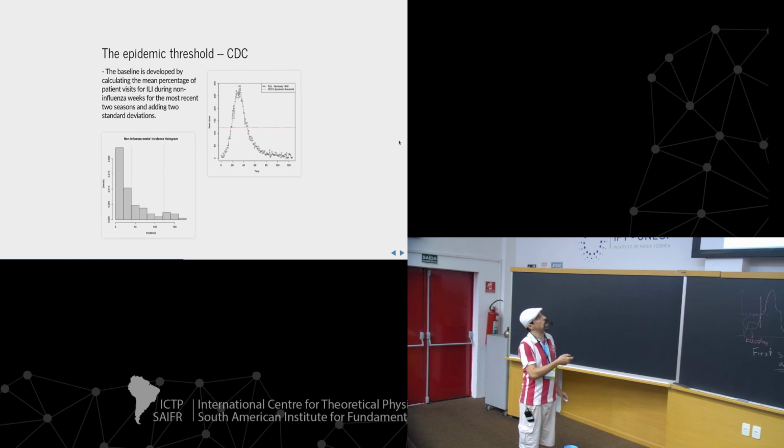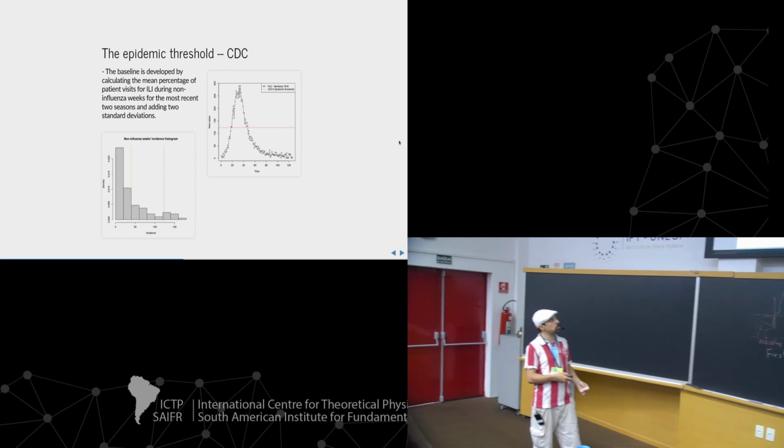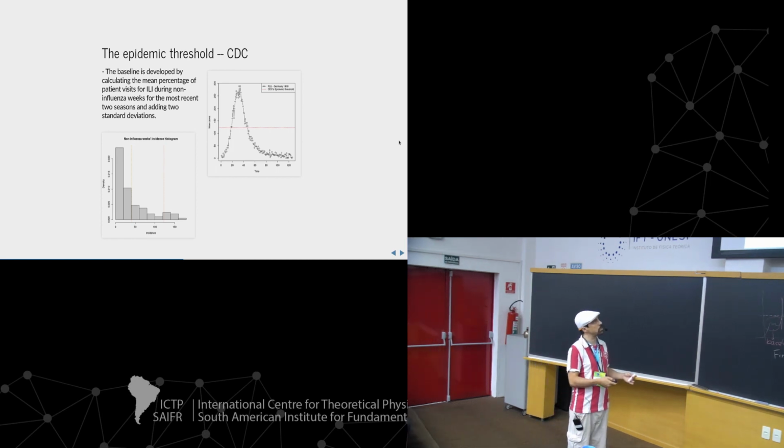But the central point is that we first construct the distribution of cases that allows me to identify outliers at my baseline.